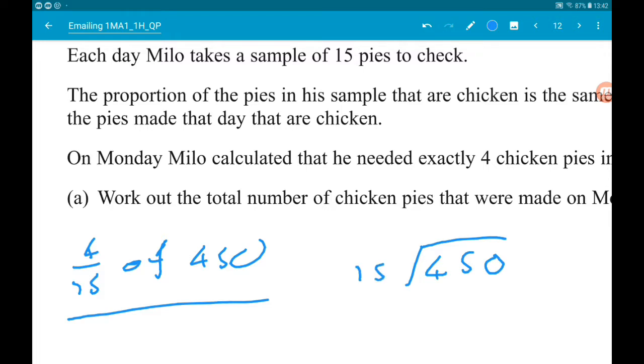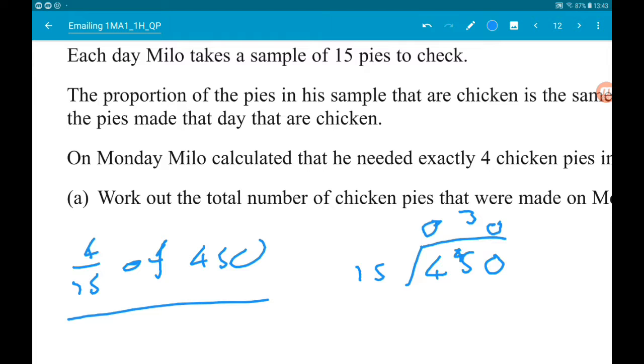So 15 doesn't go into 4. Carry the 4. 15s into 45 go 3 times. And then 15 into 0, not happening. So 1/15 of 450 is 30.